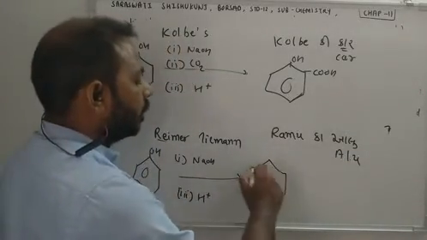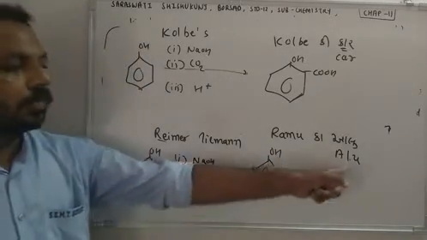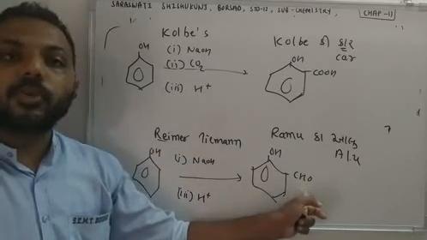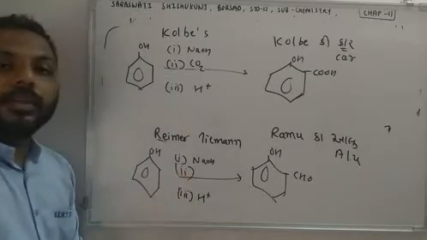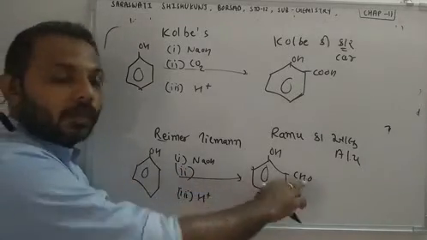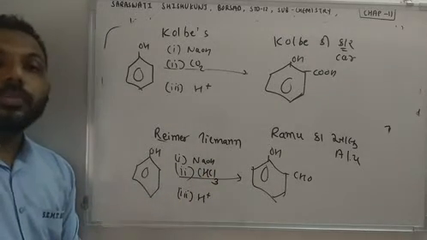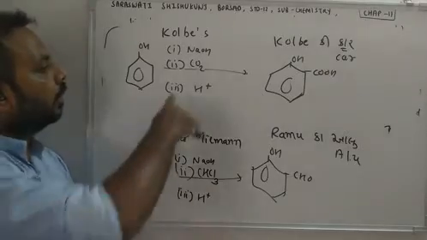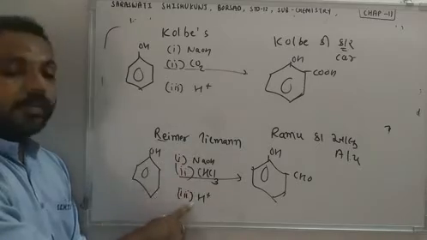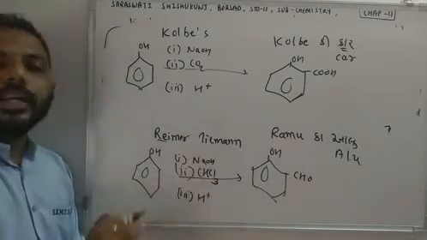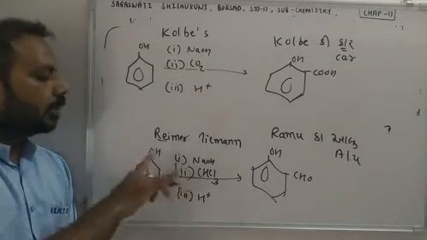So the final product has an OH group here and an aldehyde group, CHO, here. So the second step must be the addition of CHCl3, chloroform, as CH is there. So this is the technique to remember the reactions. These three steps will convert phenol to salicylic acid, and the other three steps will convert phenol to salicylaldehyde. So this is the key to remembering Kolbe's reaction and the Reimer-Tiemann reaction.